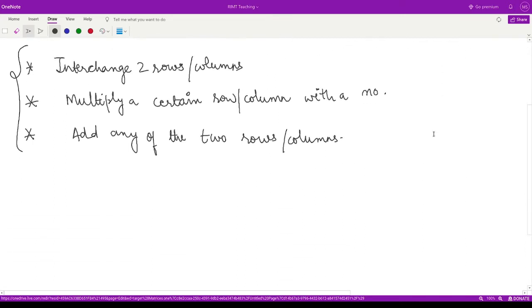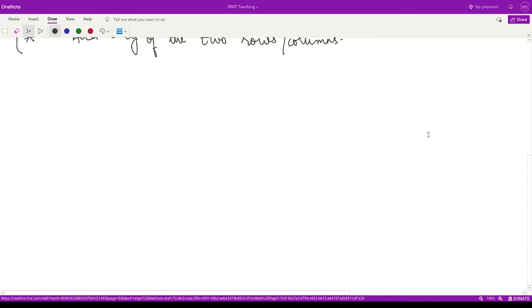So let's see some example. How do we perform this elementary transformation? Suppose you are given some matrix as 1, 2, 3, 4, 5, 6, and then 1, 0, 1. Suppose this is some matrix A which is given to us.